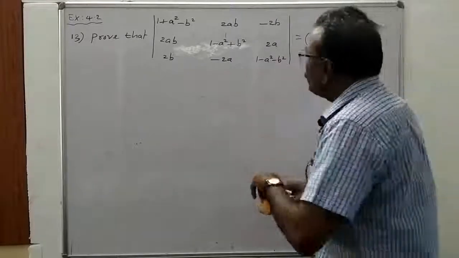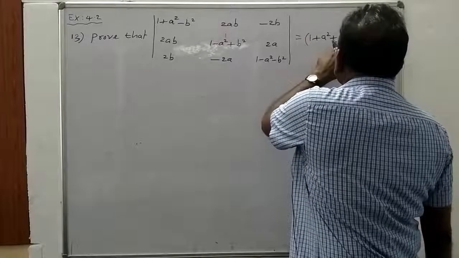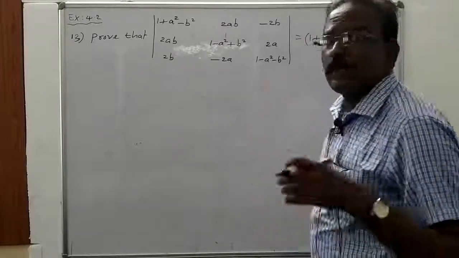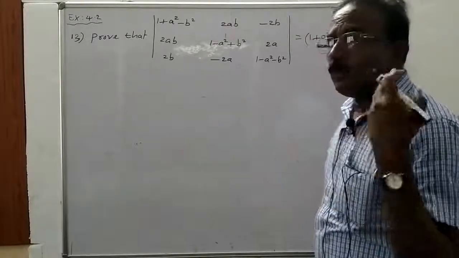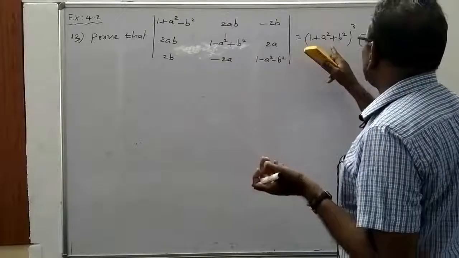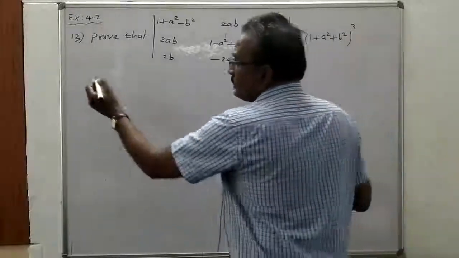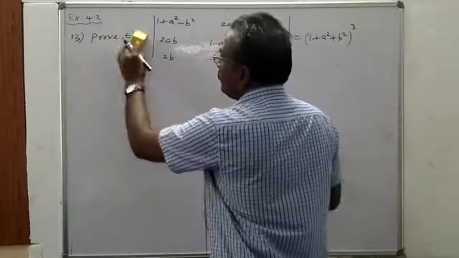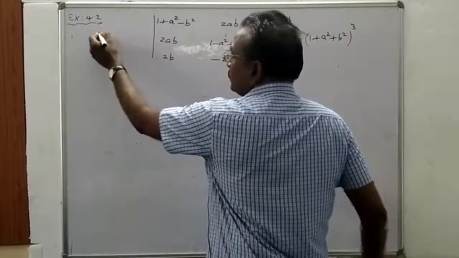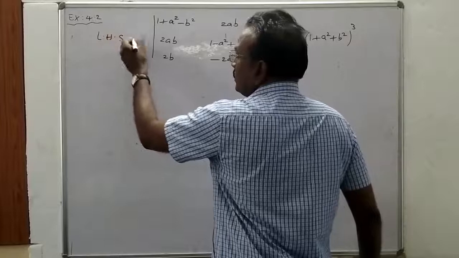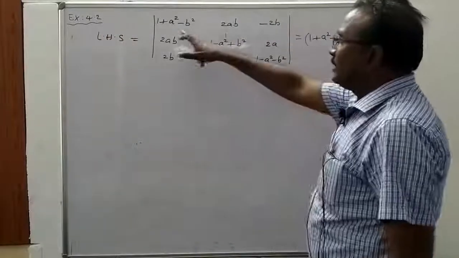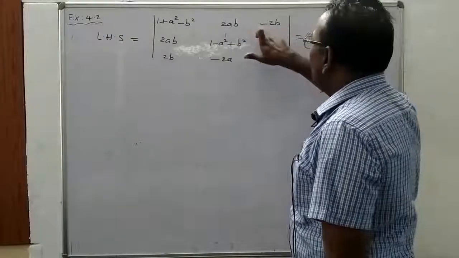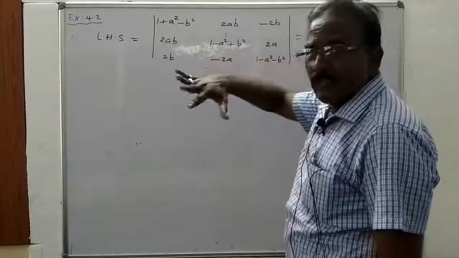So how to get common factor? (1 plus a square plus b square) whole cube means (1 plus a square plus b square) into (1 plus a square plus b square) into (1 plus a square plus b square). So this factor comes 3 times. So now take LHS. Observe the elements first.